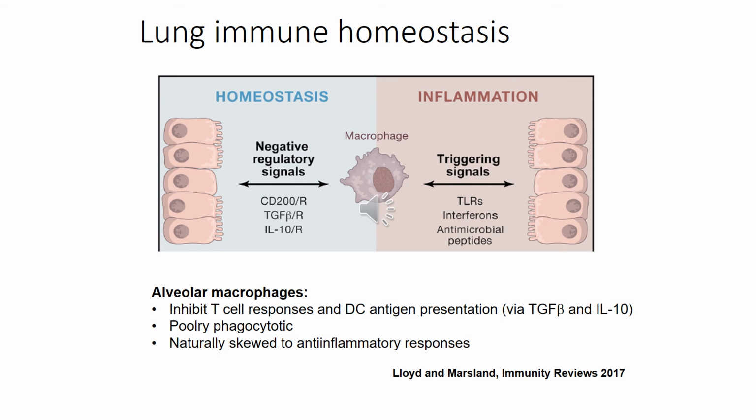The alveolar macrophages suppress DC and T cell responses via TGF-beta and IL-10 production. The alveolar macrophages can rather be seen as a janitor, and not a very aggressive one, but a very soothing and calming janitor. That's a nice guy.